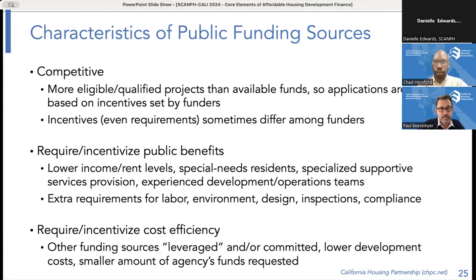And one last thing is there is often a requirement that incentivizes cost or resource efficiency. So sometimes programs will have an emphasis on making sure somebody else's money is committed. In order for you to be maximally competitive, we want lots of that guy's money committed before we commit our money. And so that's another common characteristic. Next slide.